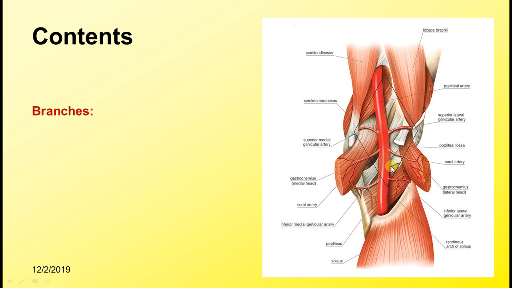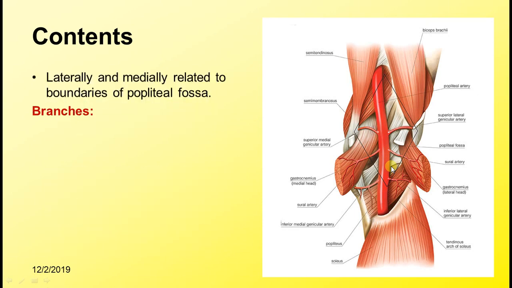But here it is blood supply, not as important as the nerve supply. It has cutaneous branches, muscular branches, again blood supply to the adjacent muscles, and then articular branches. Of the three, the articular branches are very, very important because they form an anastomosis around the knee joint.